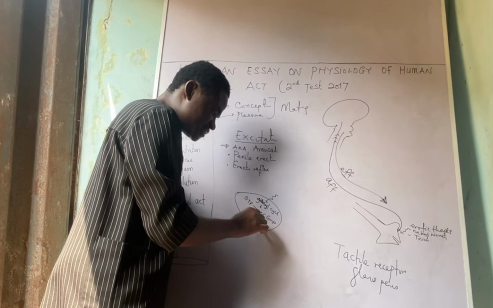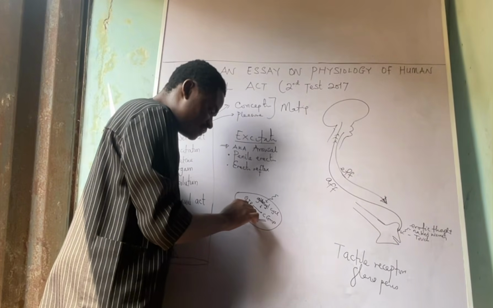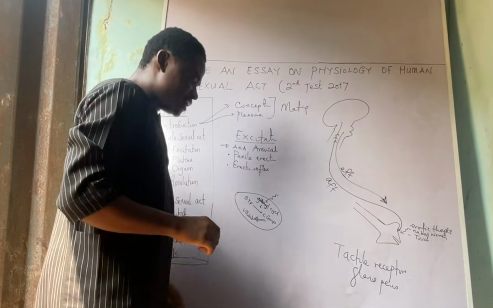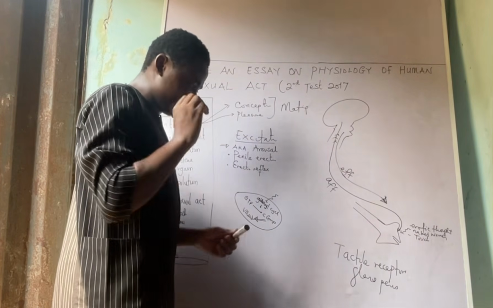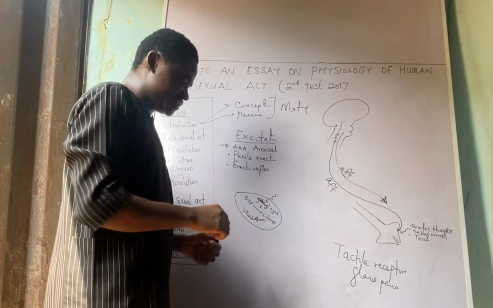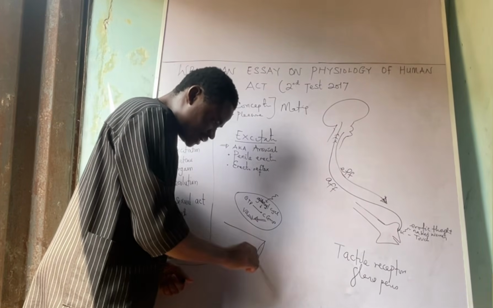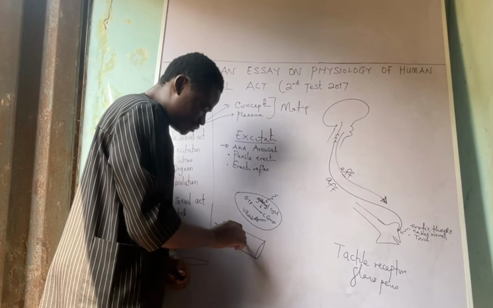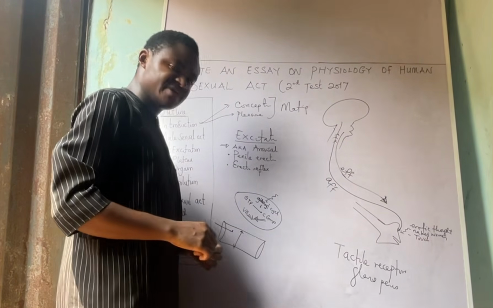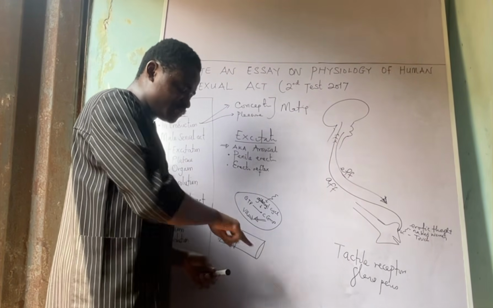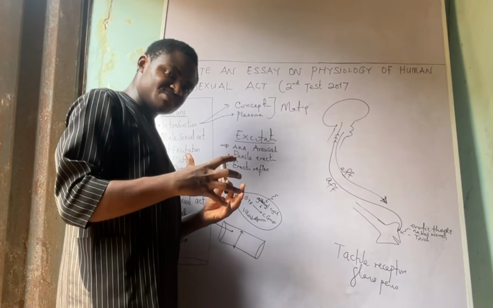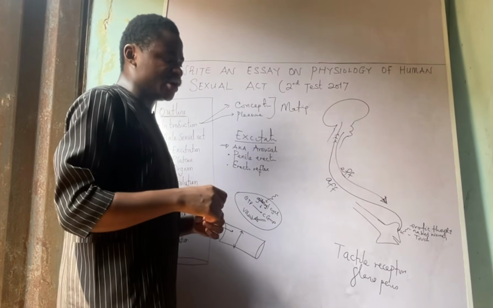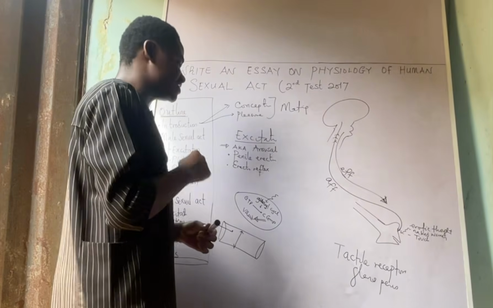Cyclic GMP causes vasodilation. And when there is vasodilation, it will increase the amount of blood sent through that particular organ. So more blood passes through. Remember, the diameter has increased because of vasodilation. So as more blood reaches, the penis becomes engorged, and that engorgement is clearly visible as erection.